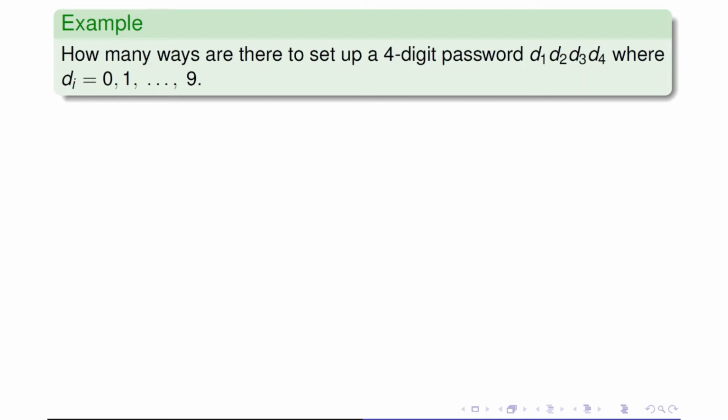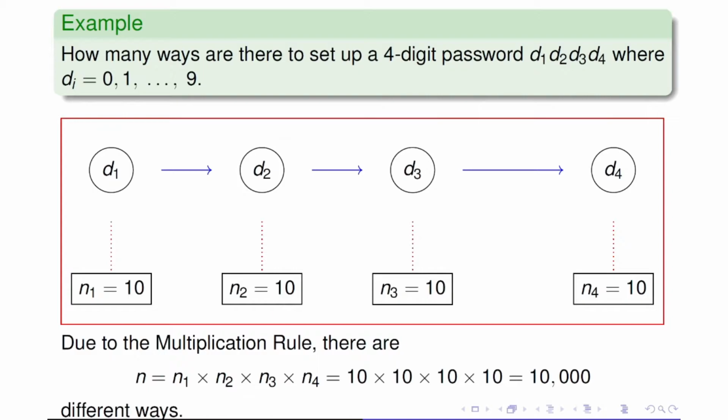We can view it as an experiment consisting of 4 steps: choose a digit for the first one, then the second, then the third, and then the fourth.